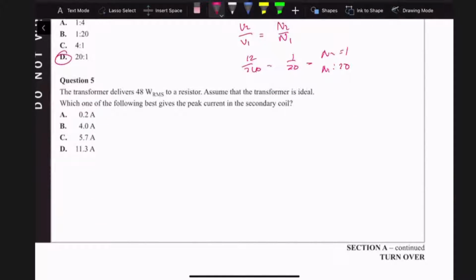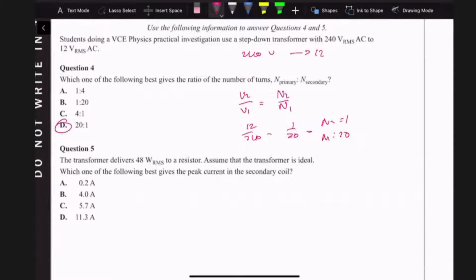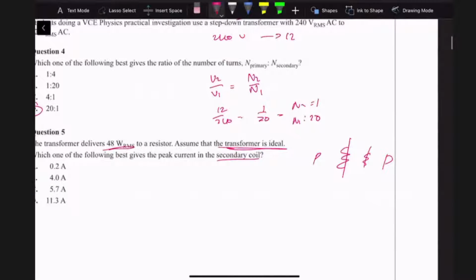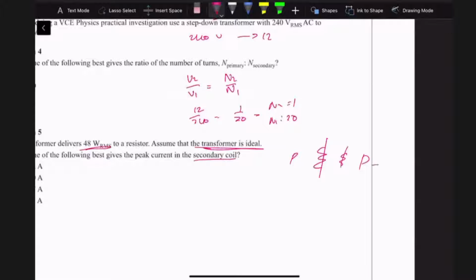So now, following on from the same question, because it applies to questions 4 and 5, they're delivering 48 watts to a resistor, and the transformer is ideal, so that means power before the transformer is the same as after. So what gives the peak current on the secondary coil? On the secondary coil, we know power is 48 and voltage is 12.